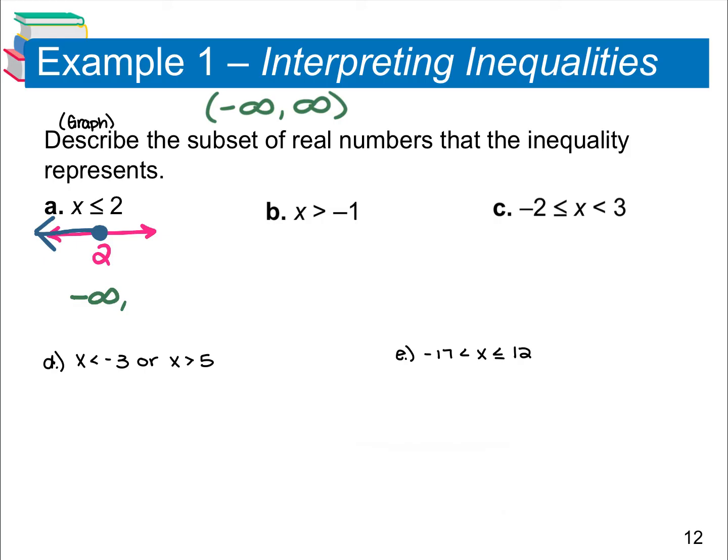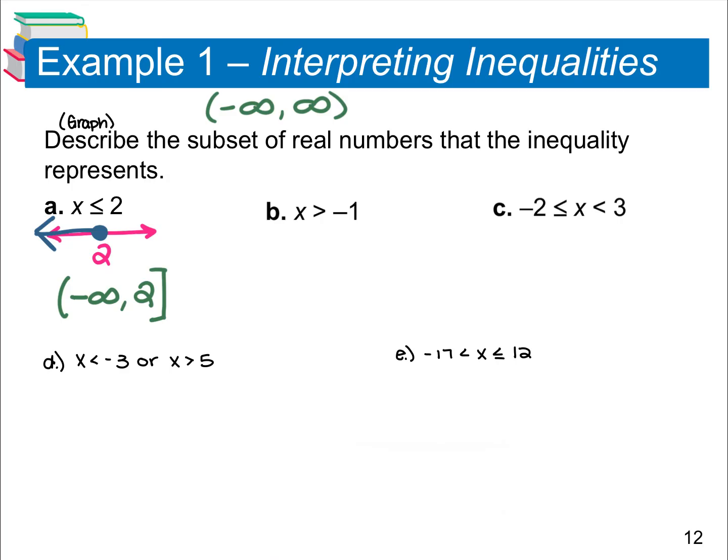After we write down our negative infinity, we're going to write down the number that we're working with. That number is 2, so we'll put that down. On this one, we're going to put the parentheses on that negative infinity, and then that 2 is going to get a bracket on it because it includes that 2.